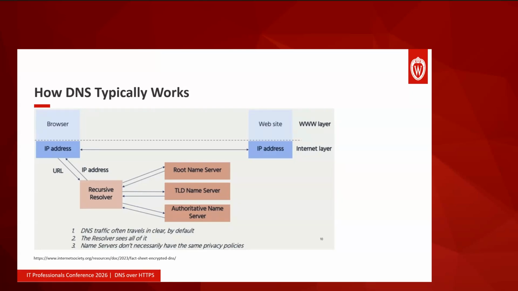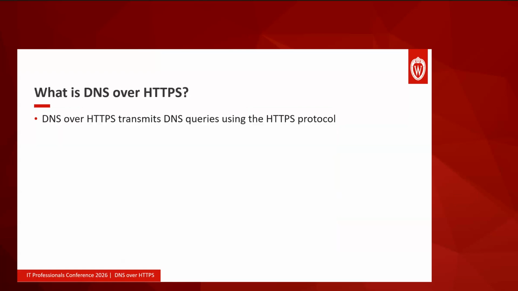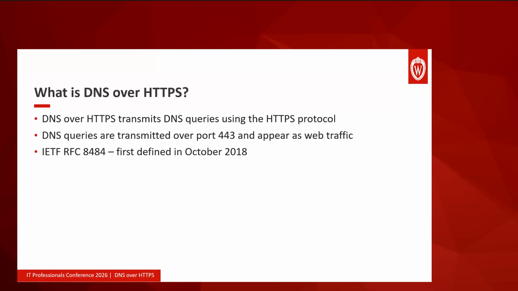So what is DNS over HTTPS? Basically, it's the DNS over HTTPS protocol using port 443, and all the queries appear as regular web traffic, so you can't tell a DNS query apart from regular SSL traffic.